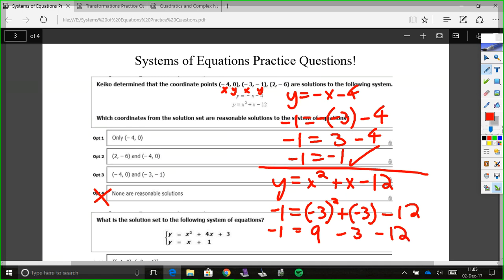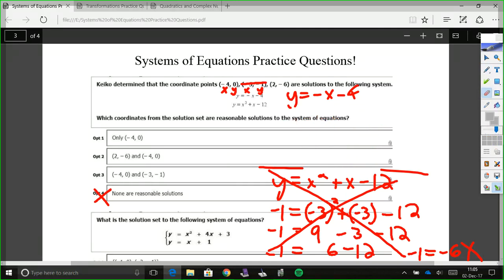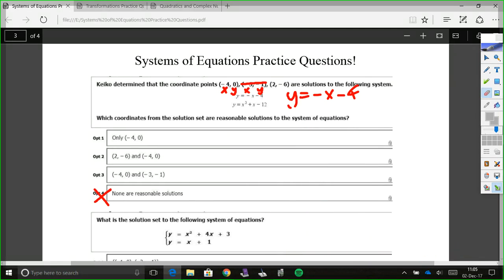Now this doesn't look like this will work because 9 minus 3 is 6, and 6 minus 12 would be -6, not -1. So -1 equals -6, which is not true. So it doesn't work for the second equation here, which means it's not going to work at all. So -3, -1 is not going to work. Alright, so it's definitely not answer choice 3 then.